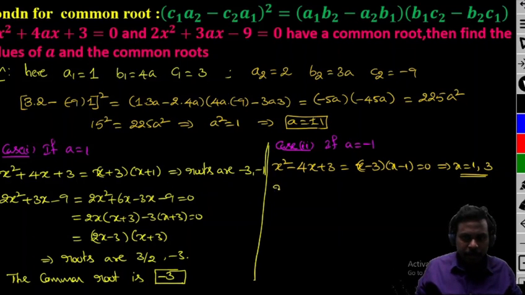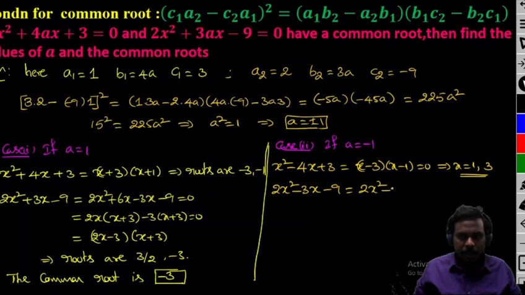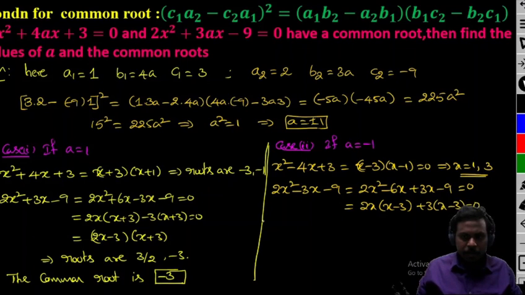Then the second equation is 2x square minus 3x minus 9. This can be written as 2x square minus 6x plus 3x minus 9 is equal to 0. Here if I take 2 common, it is x minus 3, plus 3 common, it is x minus 3 is equal to 0.